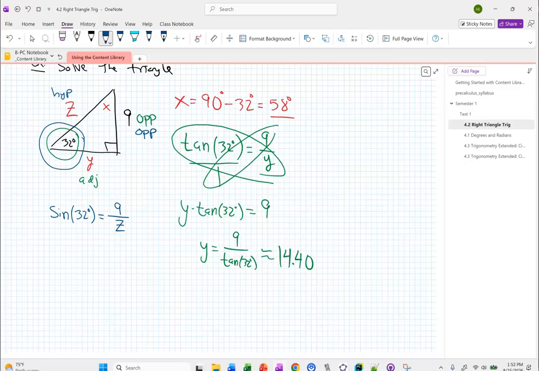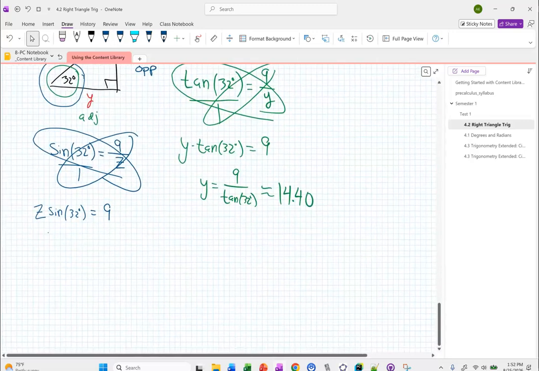And now I've translated the picture into an equation, so I just need to solve for the variable. I'll think about this as a proportion. I'll cross multiply. So I have z times sine 32 is equal to 9 times 1. And then I divide by sine 32.